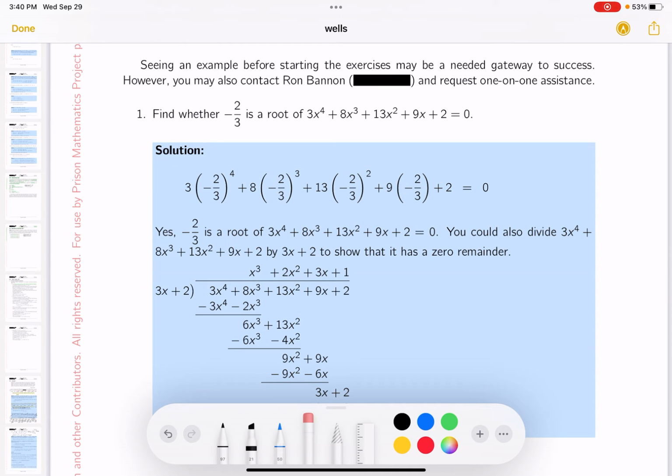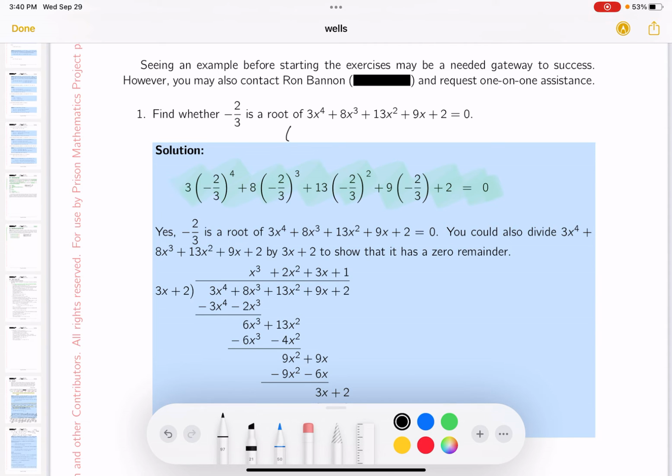So let me repeat what we just did. We just verified that this was true. Let me highlight it for you. We verified that this is true. So what do I know? I know if this is a root, I know a factor. And I'll write that down for you. The reason I know it's a factor is if it's a root, there's a 0 in the problem.